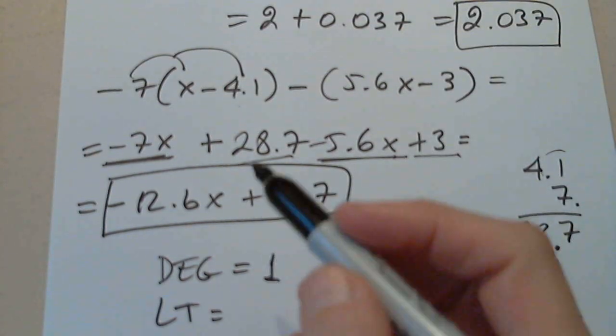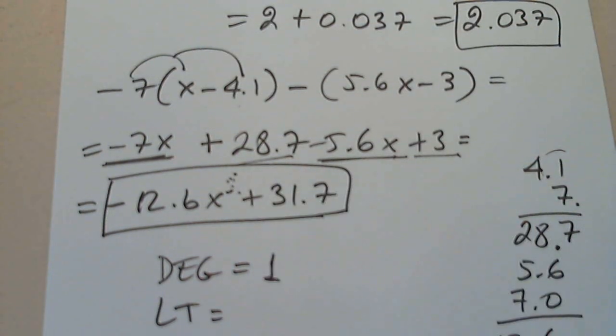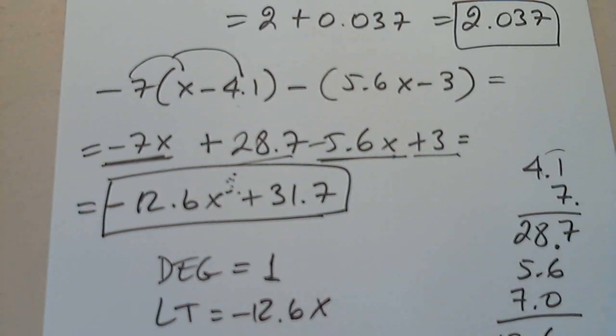Yes, indeed, because that's the power of x. That's the largest power that you see here. Excellent. What about the leading term? Negative 12.6x. Excellent. What about the leading coefficient? Isn't that negative 12.6? Yes, perfect. Okay.